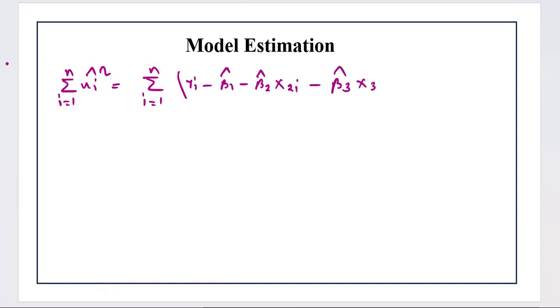Summation i from 1 to n ui cap square is simply summation i from 1 to n of yi minus beta 1 cap minus beta 2 cap x2i minus beta 3 cap x3i, and a whole square of that. This is the residual sum of square. So what will be the normal equations?